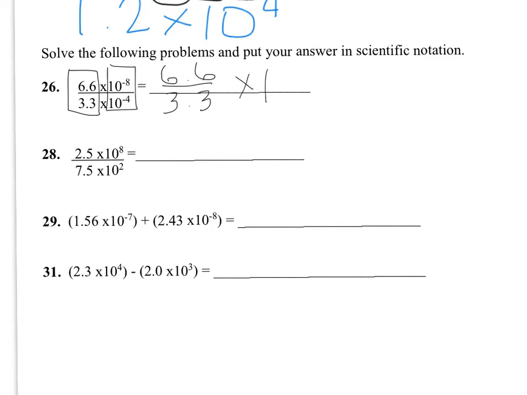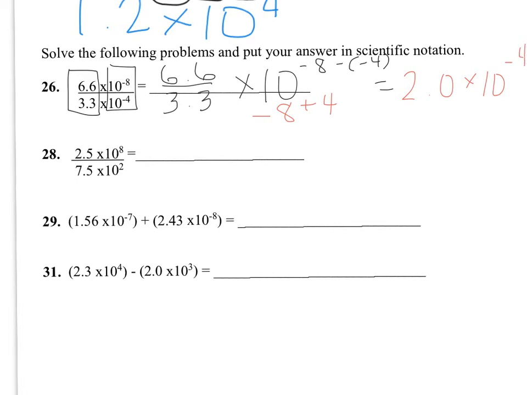And so it's times 10 to the, we're going to subtract, negative 8 minus a negative 4. And when you actually do that, 6.6 divided by 3.3 gives you 2.0 times 10 to the, negative 8 minus a negative 4 is the same as saying negative 8 plus 4, right? Because we change our sign. So that's to the negative 4.